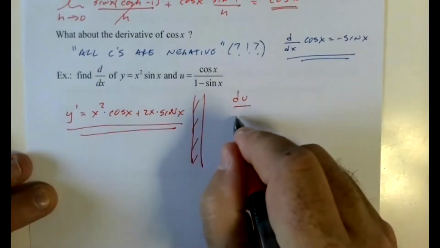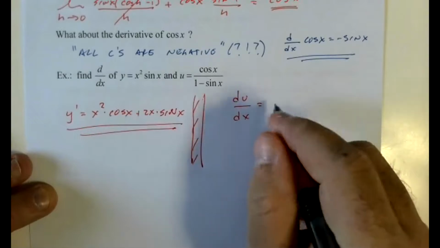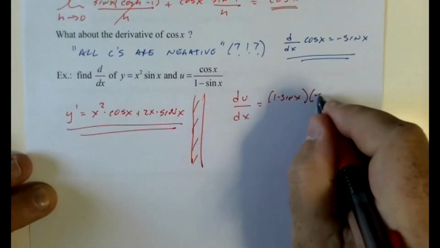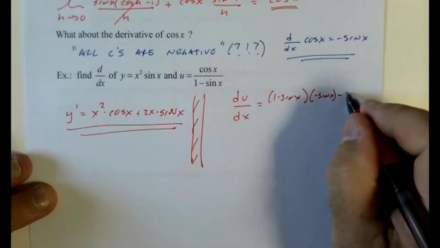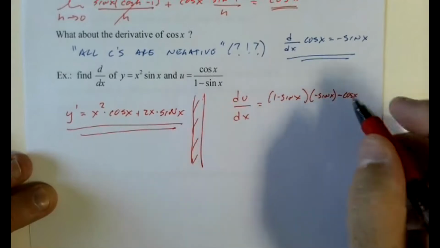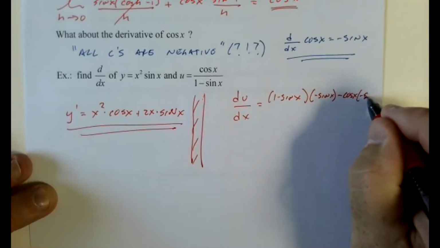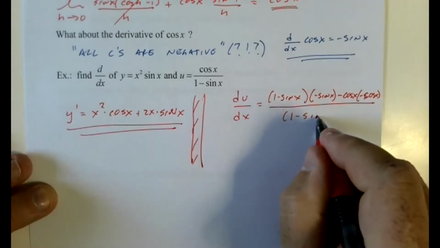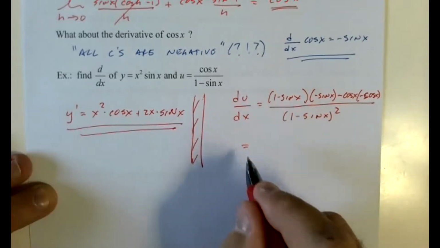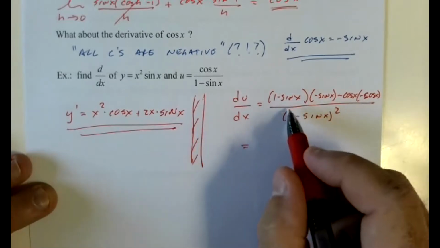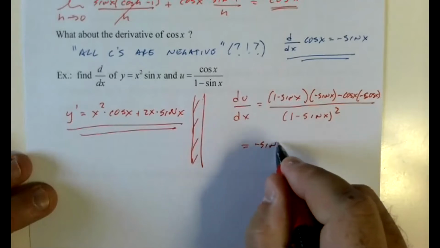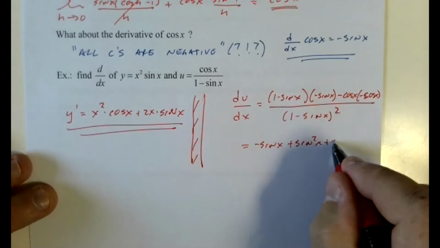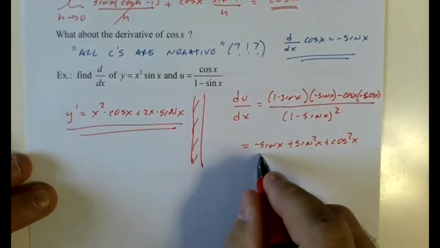So how about du/dx? I could have called it u prime. Low d high minus high d low. Derivative of sine is cosine, but there's a negative there. Equals, let's see, negative sine of x plus sine squared x minus minus plus cosine squared x.